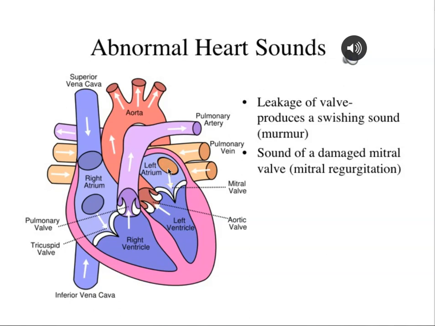So I'm going to play you mitral regurgitation. Regurgitation is just the blood regurgitating back into the left atrium, and you can hear it. So let's see what it sounds like.